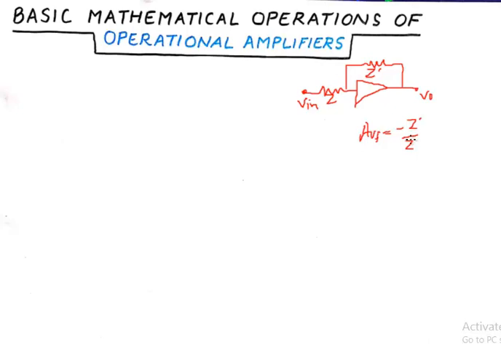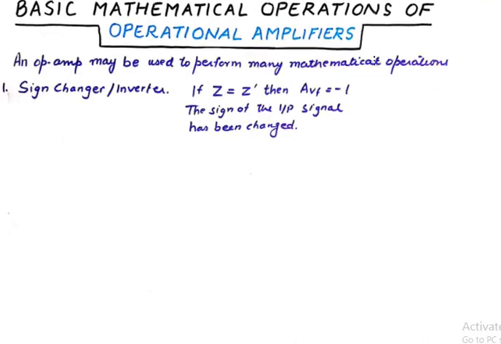Okay, so this is something that we need to keep in mind before we do all the operations that are needed in this presentation. So let's talk about the first operation, which is sign changing or the inverter operation. If we keep Z to be equivalent to Z dash, then what happens?